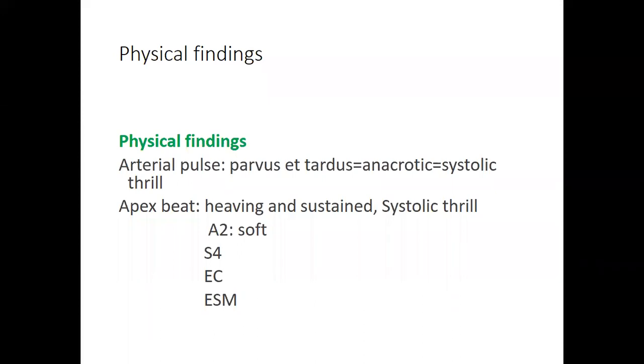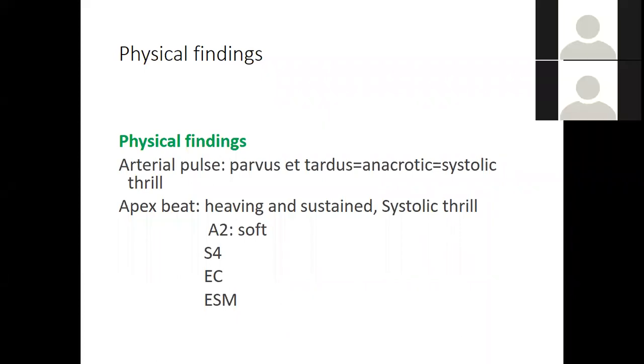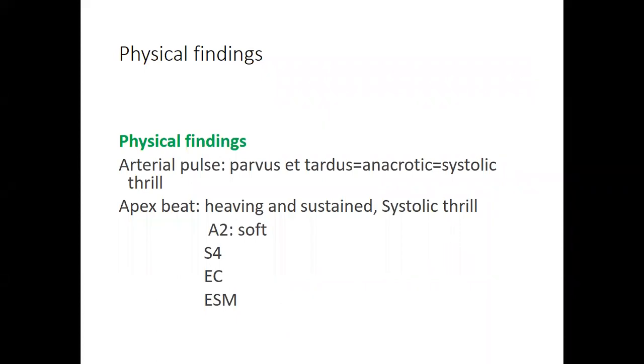Sometimes you can have a thrill palpable even on the carotids, and the apex beat is usually heaving and sustained in type. Sometimes on precordial examination, you can have a systolic thrill that you can palpate with the palm of your hand.